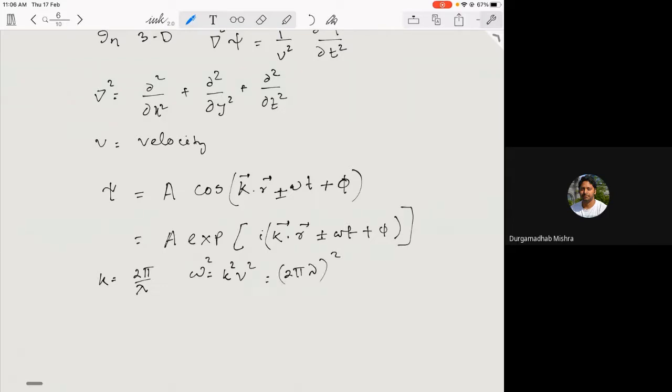If you substitute that, you will also get your familiar expression in terms of x minus vt or x plus or minus vt, that is, 2 pi by lambda times (r minus vt) plus or minus phase. In the case of an electromagnetic wave, this velocity v is nothing but the velocity of light, which is related to the permittivity and permeability in free space.